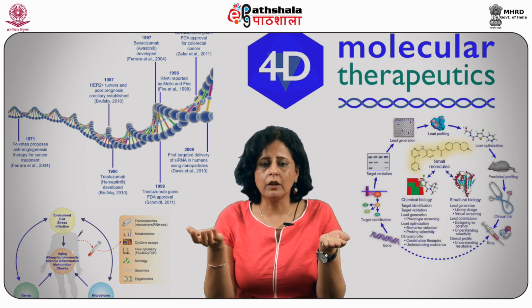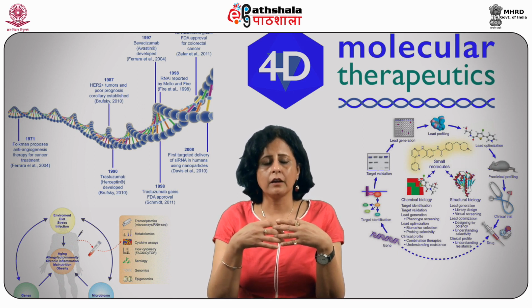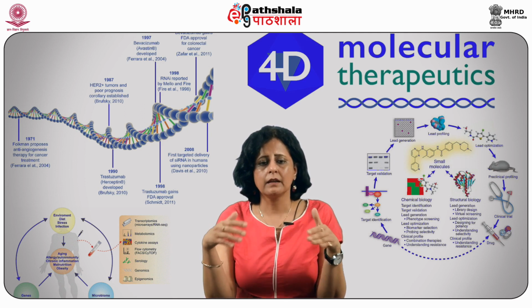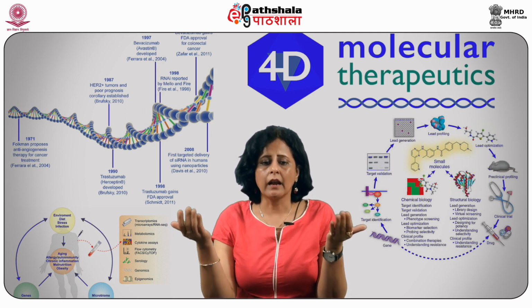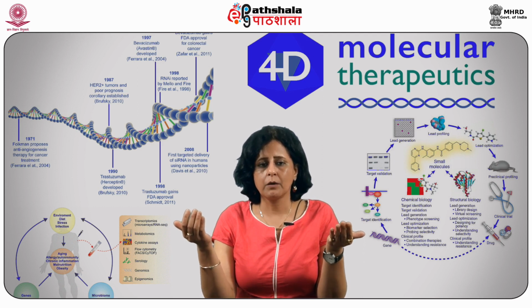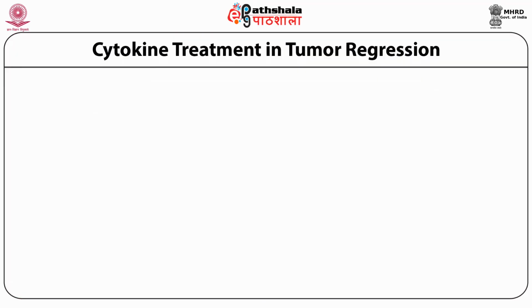Severe toxicity of TNF, tumor necrosis factor, is seen when it is used individually. However, interleukin 4 and interleukin 6 have less toxicity when used individually. Granulocyte macrophage colony stimulating factor, GM-CSF, is used individually and has less toxicity.